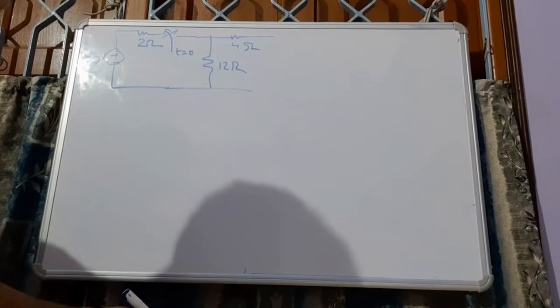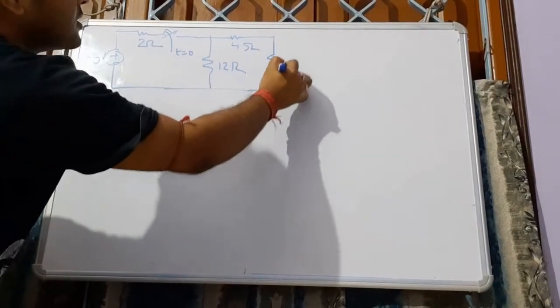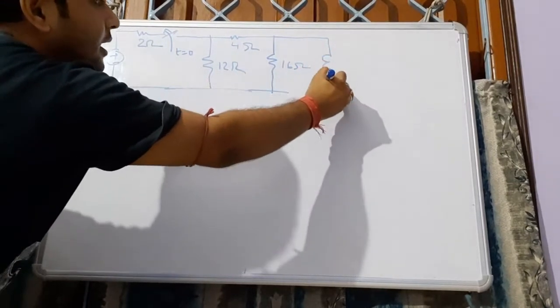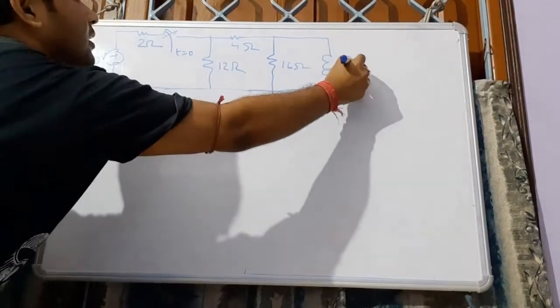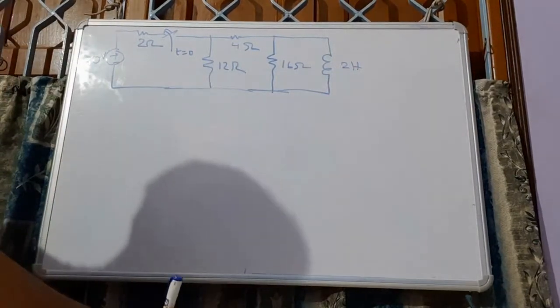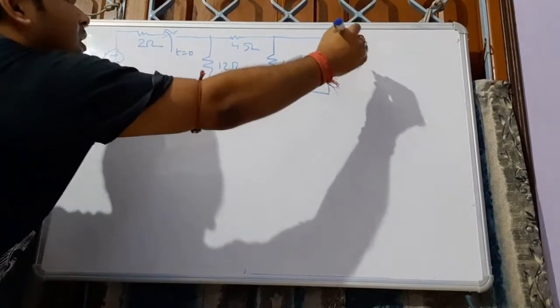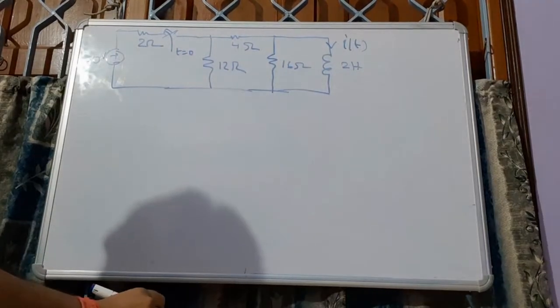Now suppose there is one more resistance in parallel, 16 ohm, and there is an inductor of value 2 Henry. Now the current flowing through the inductor is I of t. Now we have to find I of t.